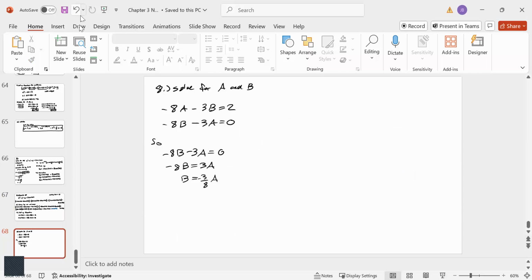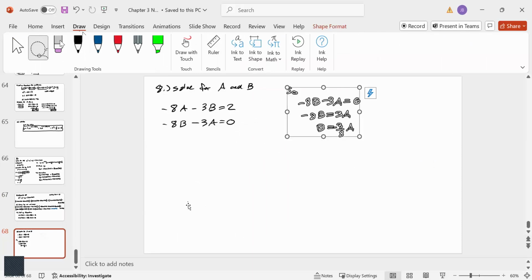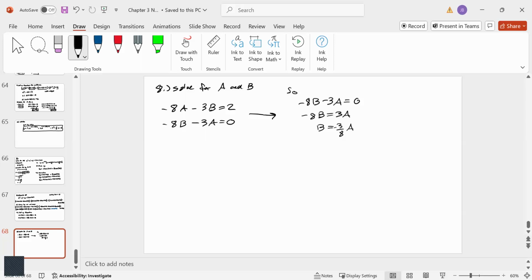Actually, just so I can have plenty of space, I'll do it up here. b equals negative 3/8 a, into the other equation.